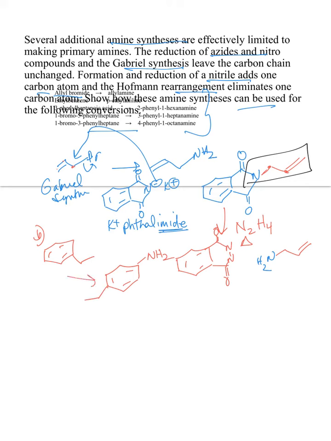So the best way to do that, since that's activating, you can just react with sulfuric acid and HNO3. That's going to give you a nitro group there at the para position. And then you can react with zinc and dilute HCl, and that's going to reduce it to the amine.